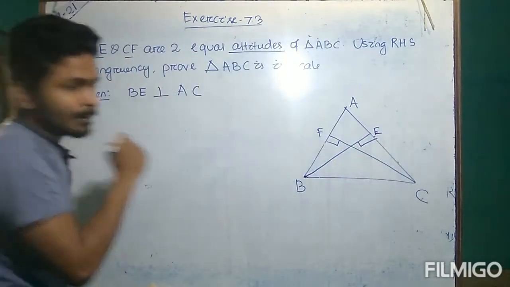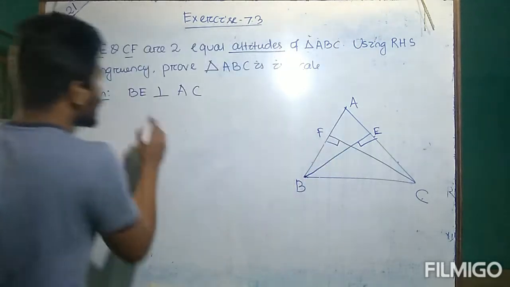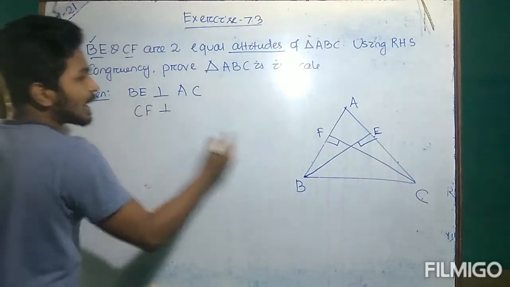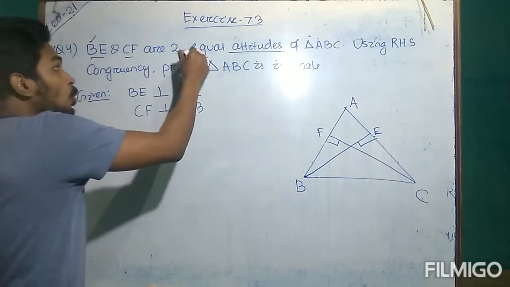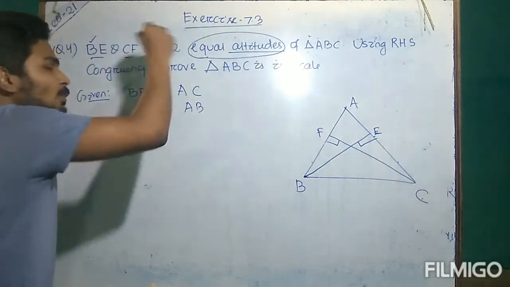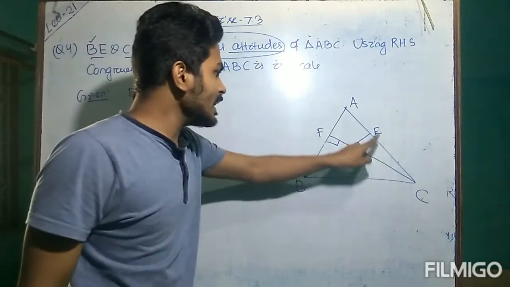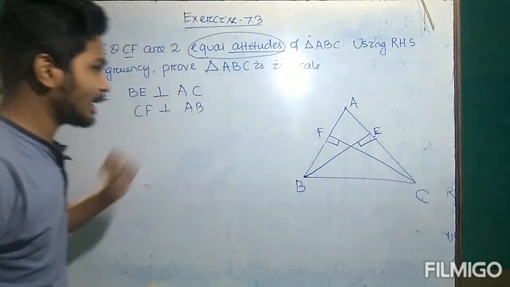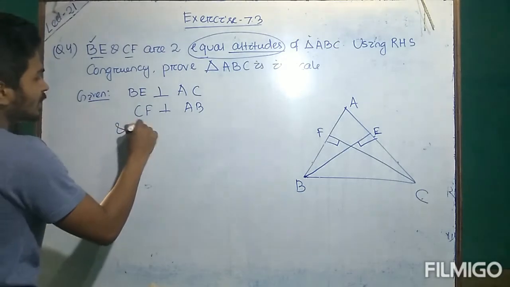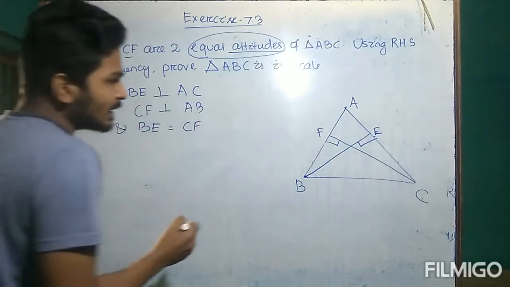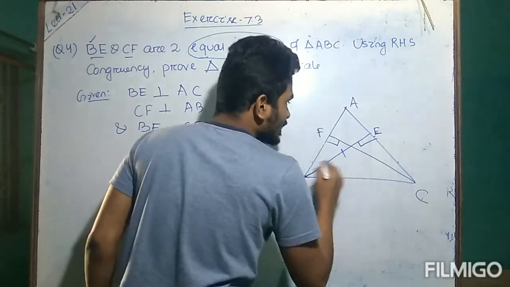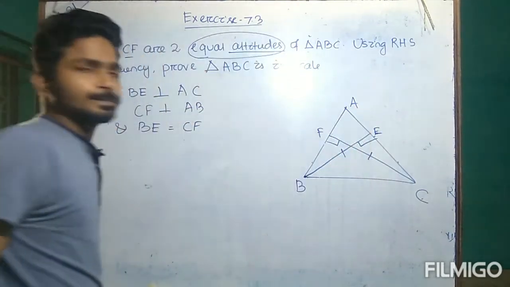And CF is perpendicular on the side AB. And also it is given both the altitudes are equal. That means BE is equal to CF, it is given. So BE distance is equal to CF distance.